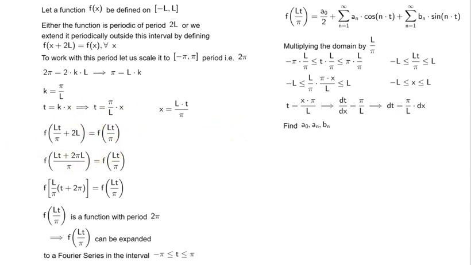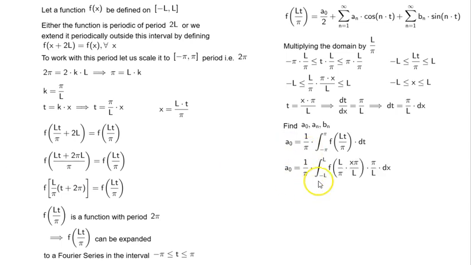Now let's proceed. Find a0, an and bn. a0 is equal to 1 by pi times the integral from minus pi to pi of f of Lt by pi times dt. See, when we are in t, we are in minus pi to pi. Let's convert it into x.